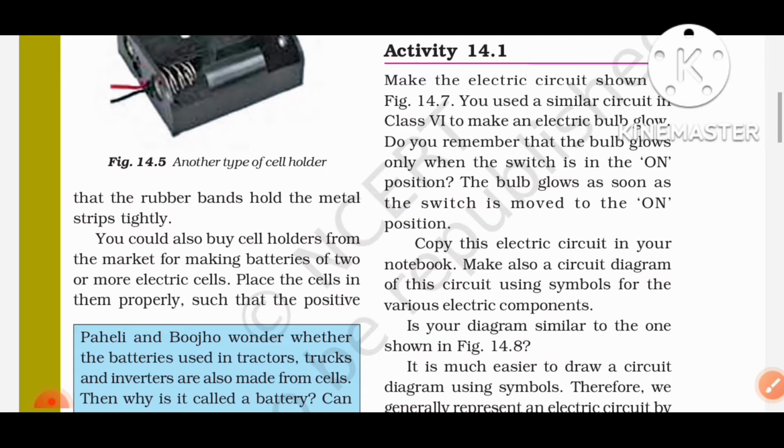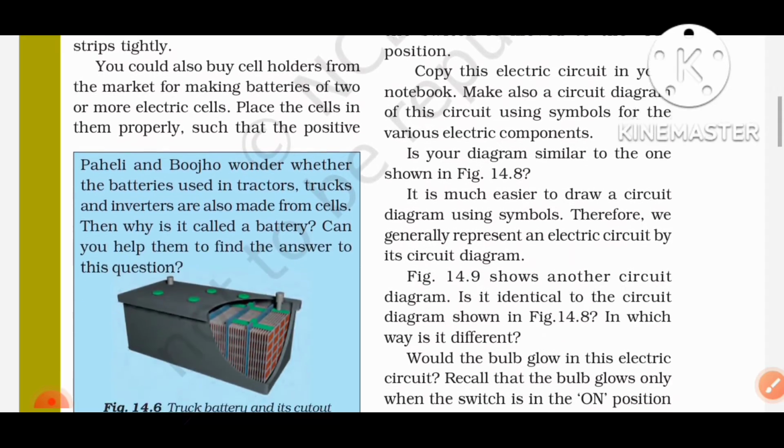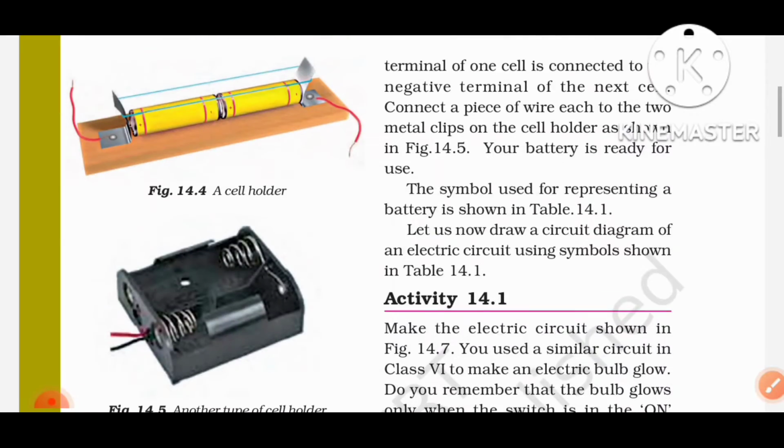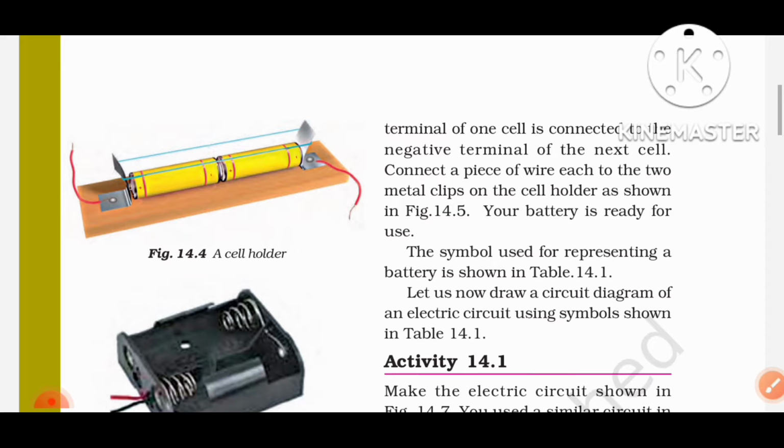You could also buy a cell holder from the market for making batteries of 2 or more electric cells. Place the cells in them properly such that the positive terminal of one cell is connected to the negative terminal of the next cell. Connect a piece of wire each to the two metal clips on the cell holder as shown in figure 14.5.